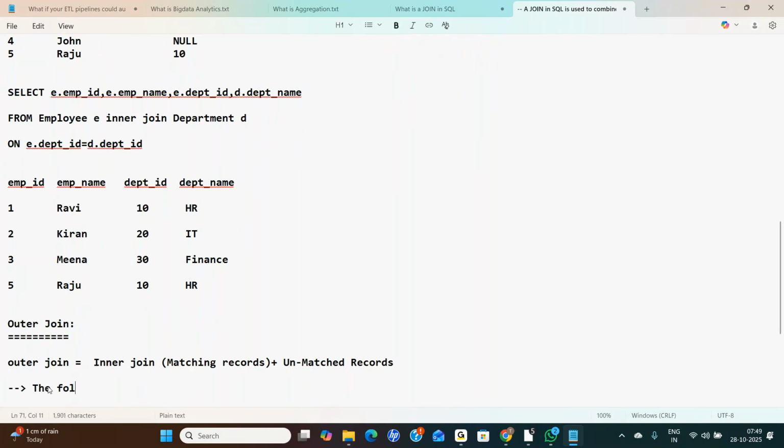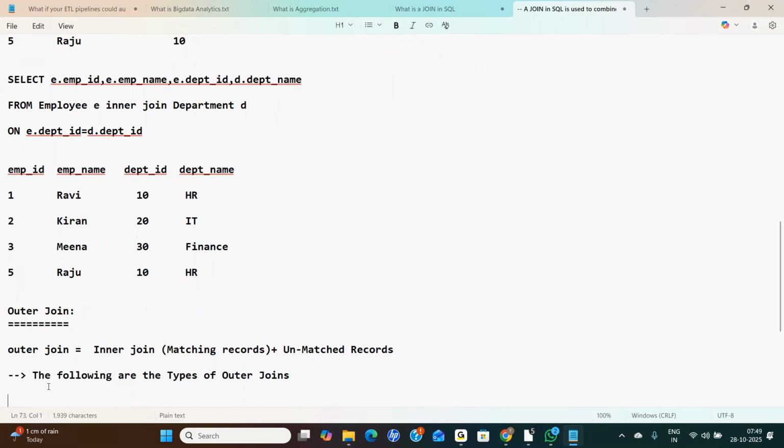The following are the types of outer joins. The one very frequently used is called left outer join.